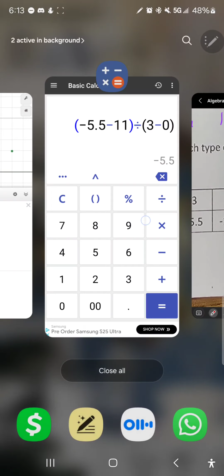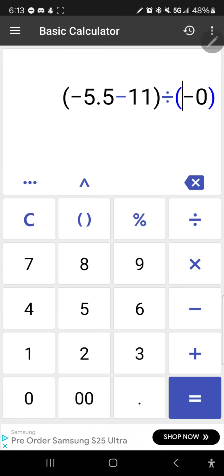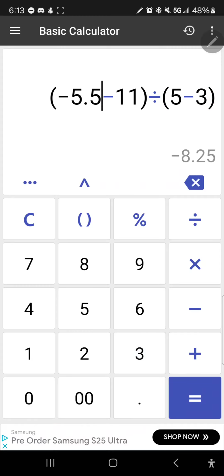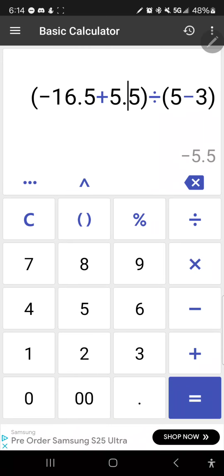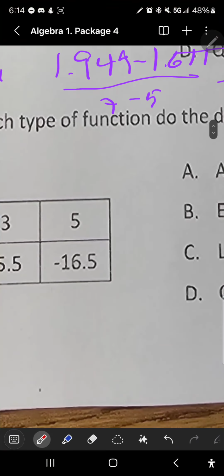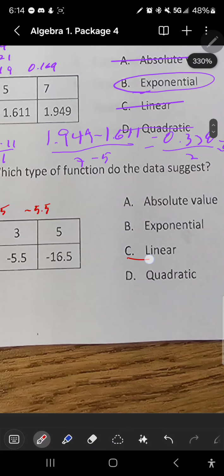And then 5 and negative 16, so 5 minus 3. Then we have negative 16.5 minus 5.5, oops, 5.5. And this is negative 5.5. As you can see, they all have the same slope. So if they all have the same slope, this is a linear equation.